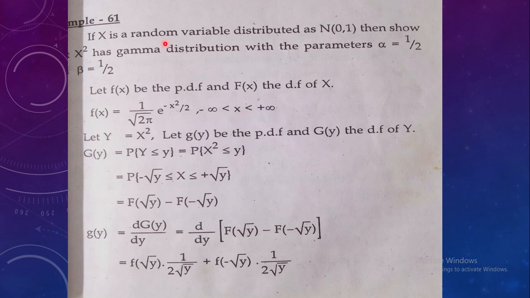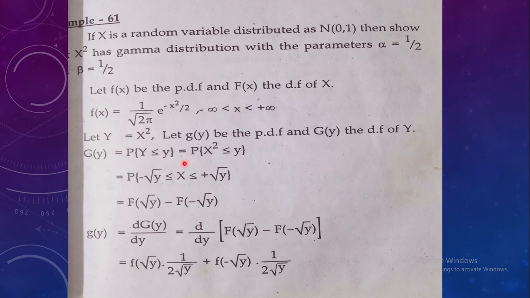Now we have to find out x square. Let y is equal to x square, and you have to find out g of y, which is the PDF, and capital G of y, which is the distribution function of y.